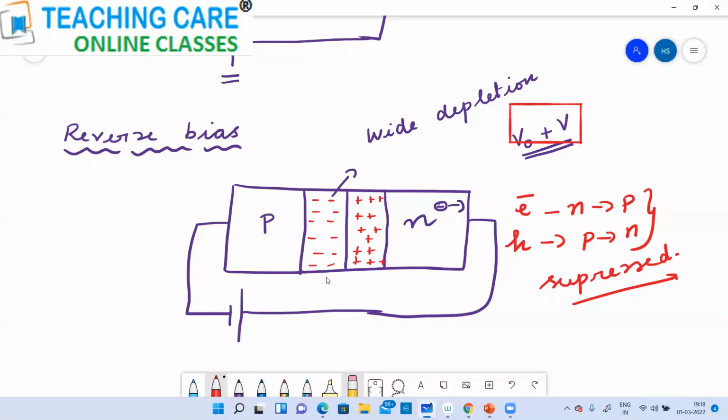So the diffusion current is going down, but you said that the minority movement is less. So is it correct to say that the displacement current has increased? No, it decreases. The diffusion of holes and electrons across the junction decreases. The drift current was the minority current, which is independent of the battery. Very small, negligible amount of current.